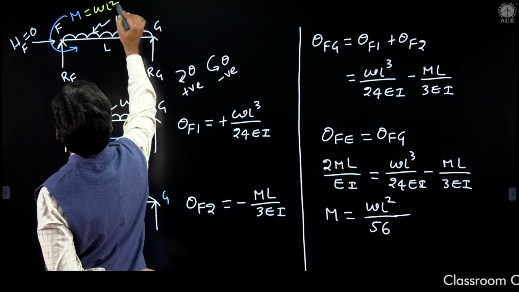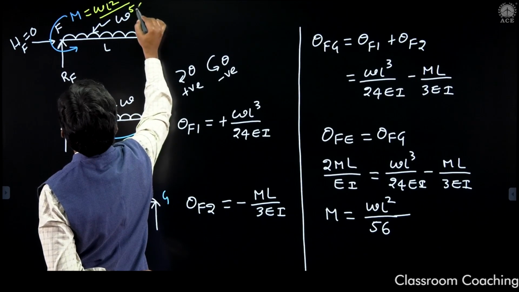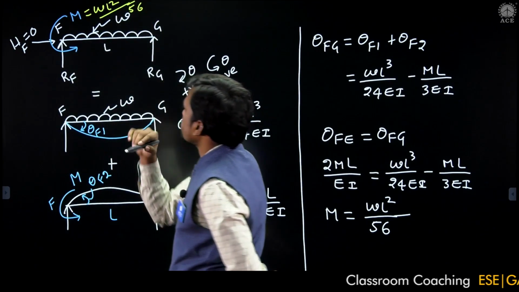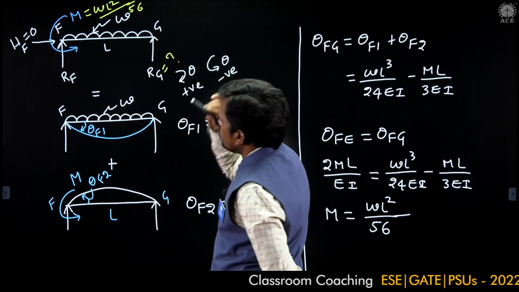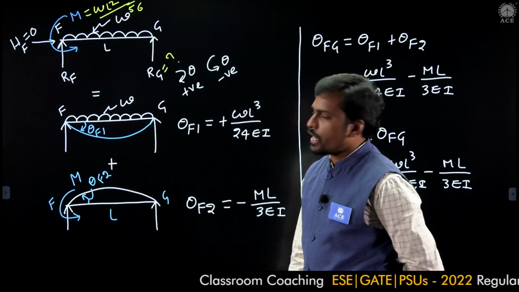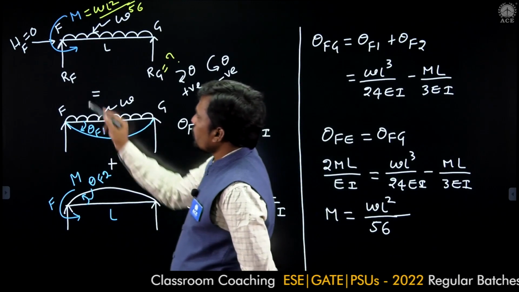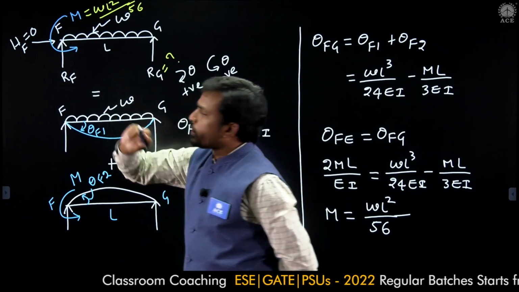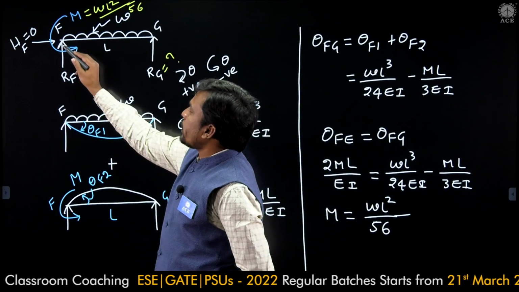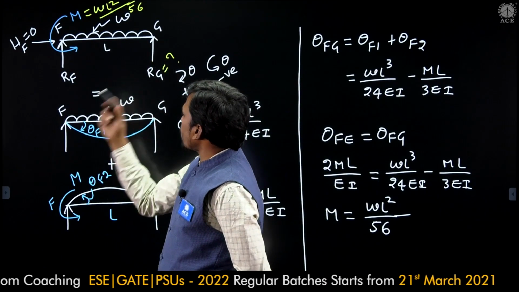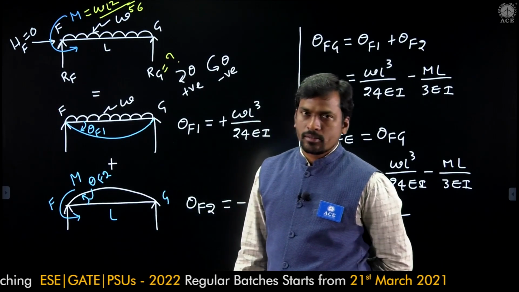Yes, WL square by 56 we got. Then we have to find the reaction RG. How to find the reaction RG? By taking moment at support F, that is at joint F. Then we'll get the reaction RG value, please.